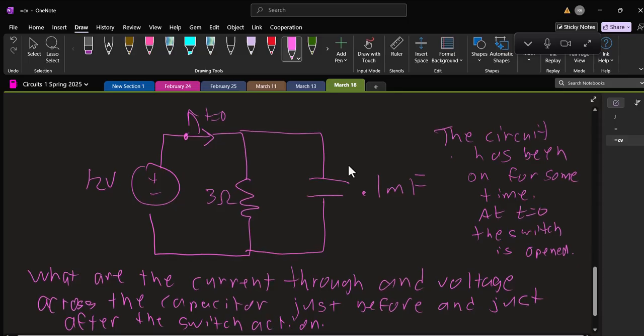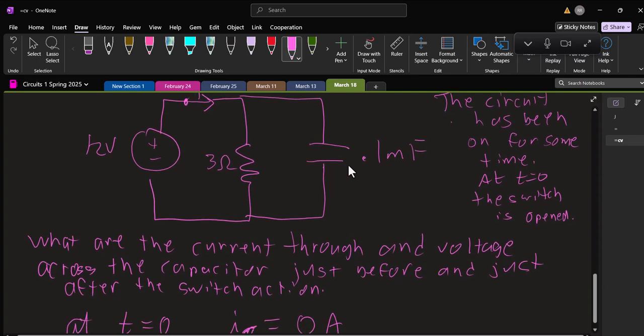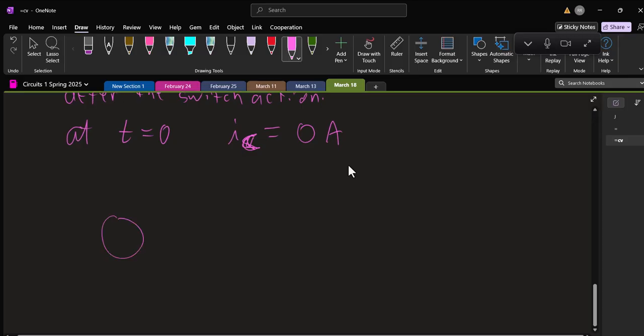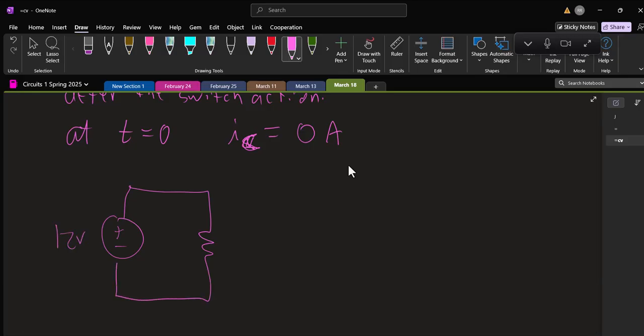But if you look at it, it's in parallel with this 3 ohm resistor. Things in parallel have to have the same voltage. The way you find voltages of capacitors is you find something that it's in parallel with. Before the switch action, we have 12 volts and 3 amps, and we do have this capacitor over here, but no current is flowing through it, so all our current is going through here. So the voltage across the 3 ohm resistor is 12 volts.